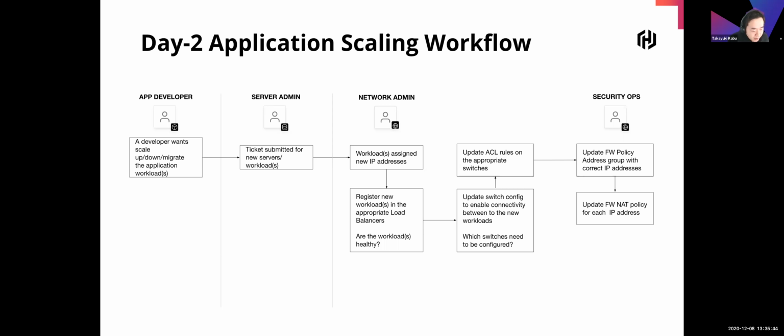And then the network admin has to update switch configuration to enable connectivities, updating ACL rules on appropriate devices. And also the security team needs to update firewall policy for each new IP address. So the company needs several days or sometimes weeks to complete this complex workflow.